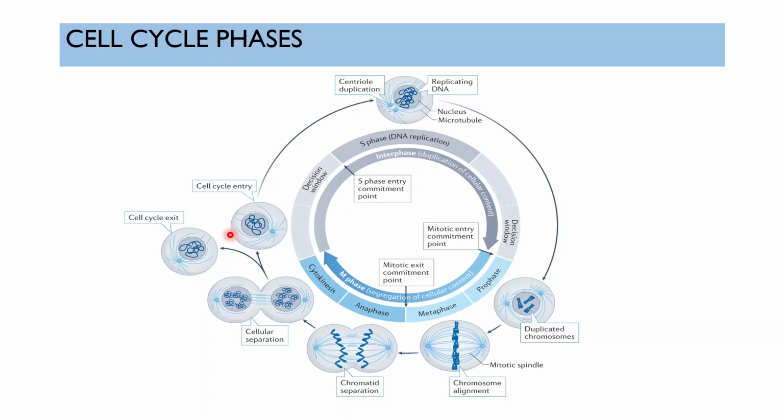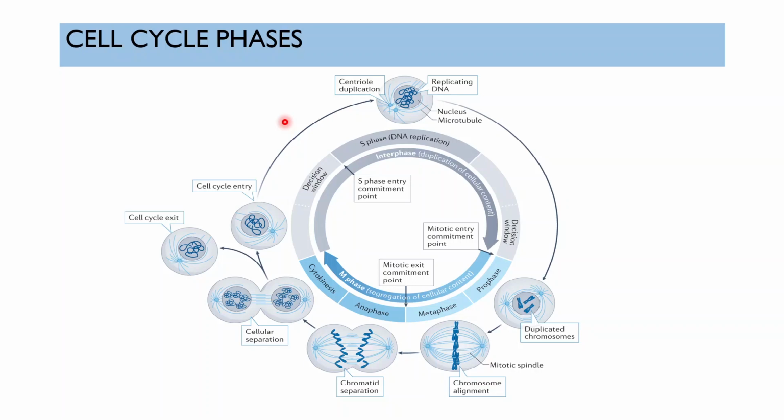Or it can permanently opt out of division, that is, it will never re-enter the cell cycle again, or it can re-enter the cell cycle. So there are these options, that is either it can opt out of cell division either temporarily or permanently, or it can re-enter the cell cycle. Now, what are the factors which determine this?